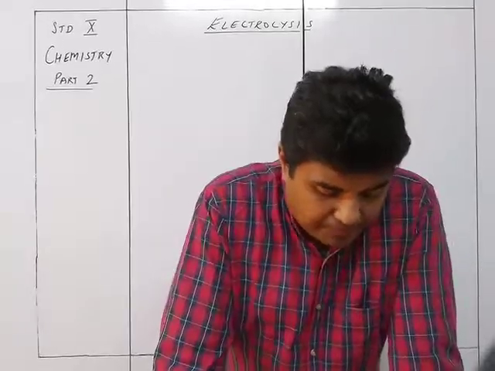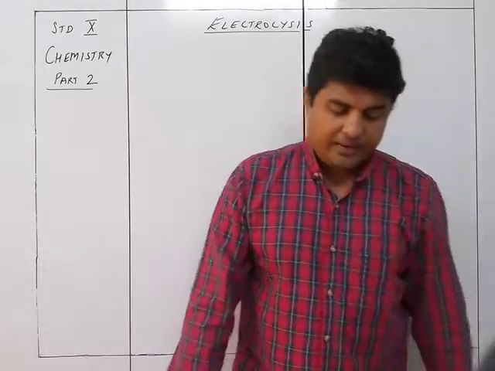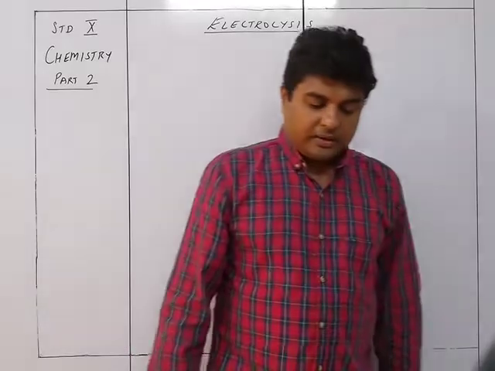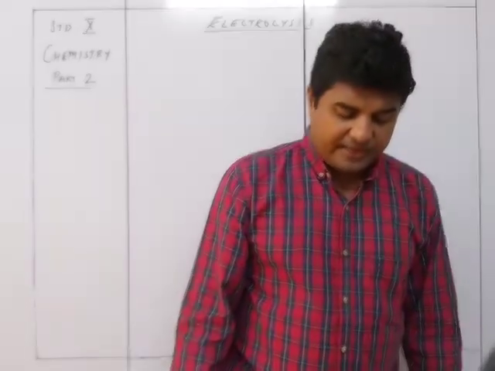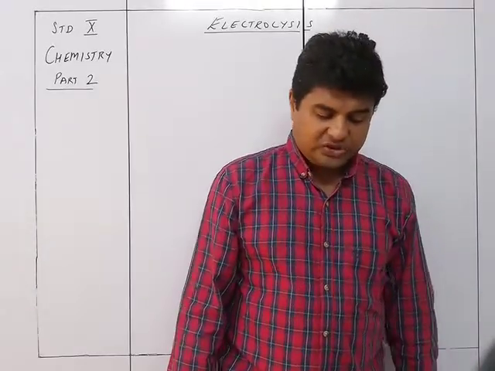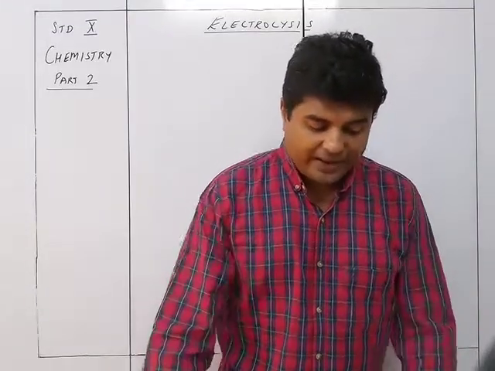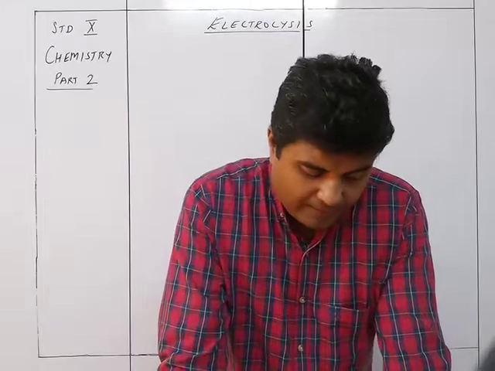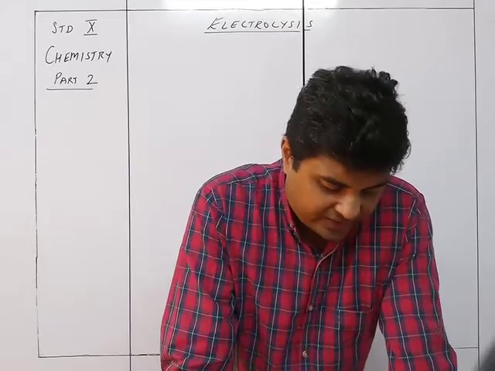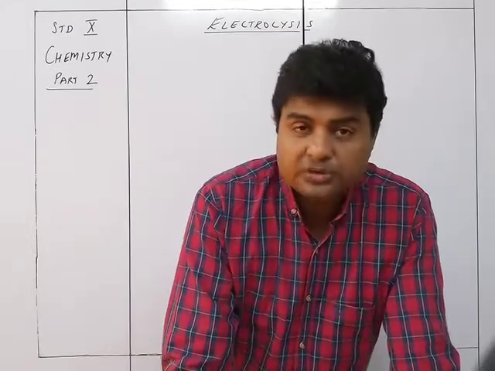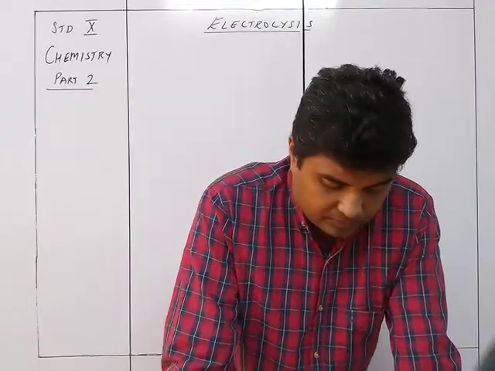So we see that K will be at the topmost point: K, Ca, Na, Mg, Al, Zn, Fe, Pb, H, Cu, Hg, Ag. So these are potassium, calcium, sodium, magnesium, aluminium, zinc, iron, lead, hydrogen, copper, mercury and silver.